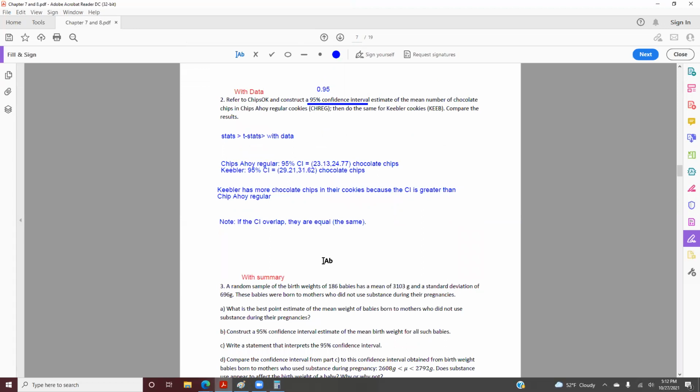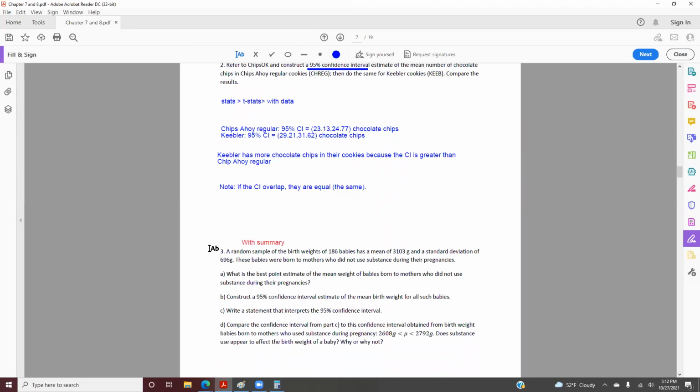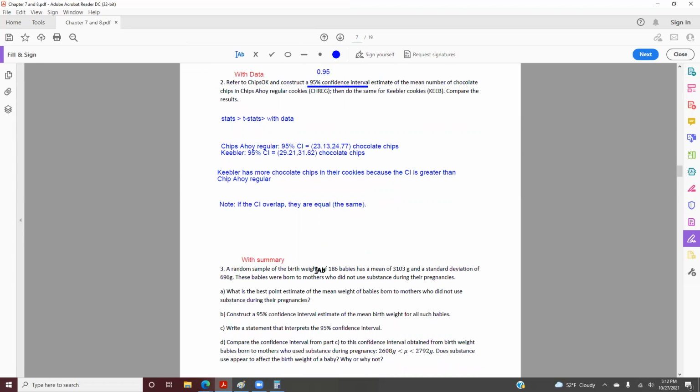So the next example is a little bit different from example number 2, because example number 2 came from data. If you read question 3, it is a random sample of birth of 186 babies with a mean of 3103 and standard deviation of 696. These are babies whose mothers did not use any substance during their pregnancies. What is special is that this question did not provide you the 160 babies' data.